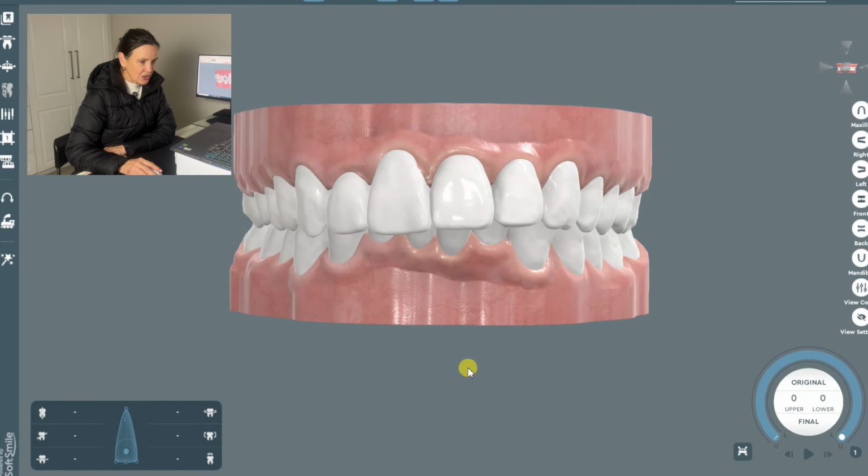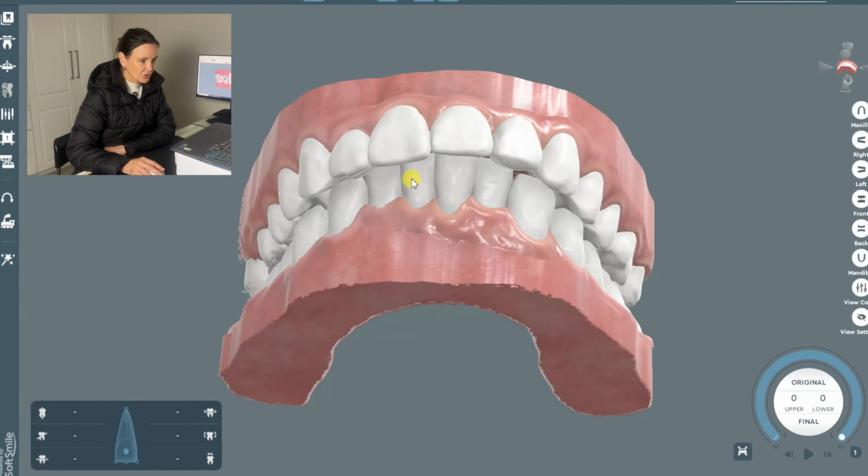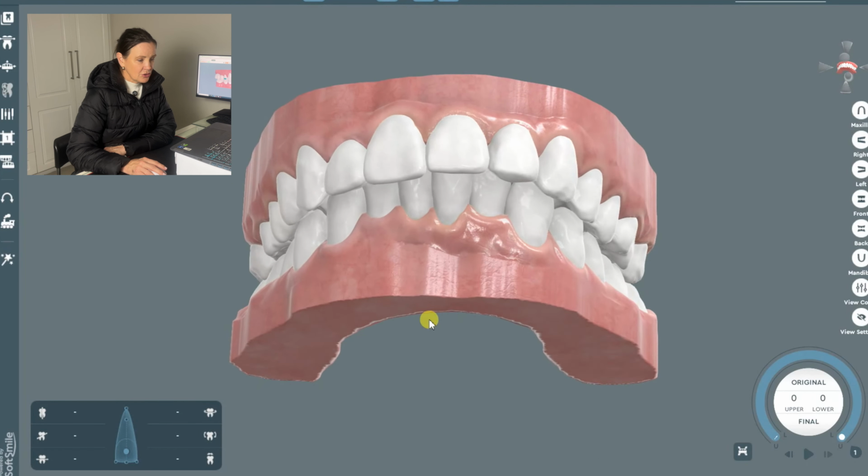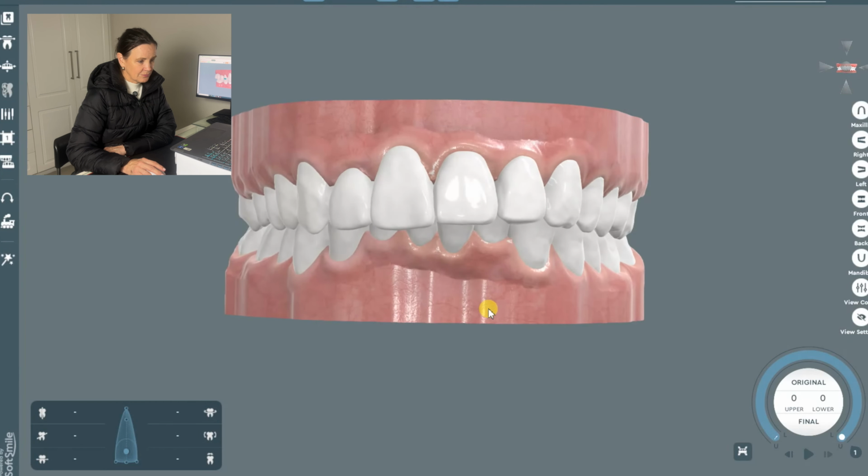So it's quite a challenge to straighten out the bottom teeth and not move the upper teeth.